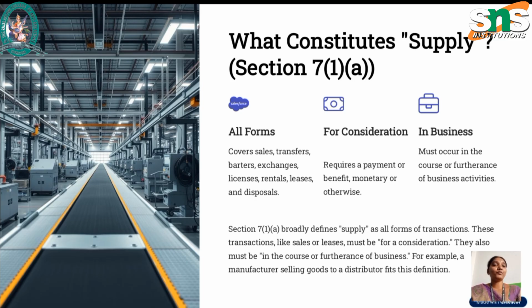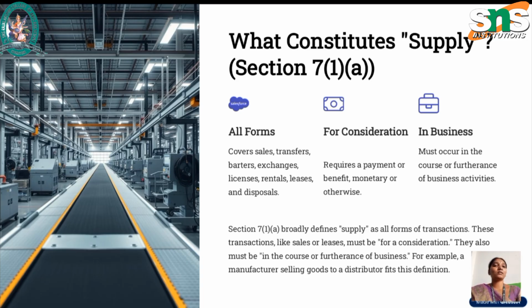First, form: supply covers sales, transfers, barters, exchanges, licenses, rentals, leases and disposals also. Then consideration requires a payment or benefit, mandatory or otherwise, and in business view it must occur in the course or furtherance of business activities as well.